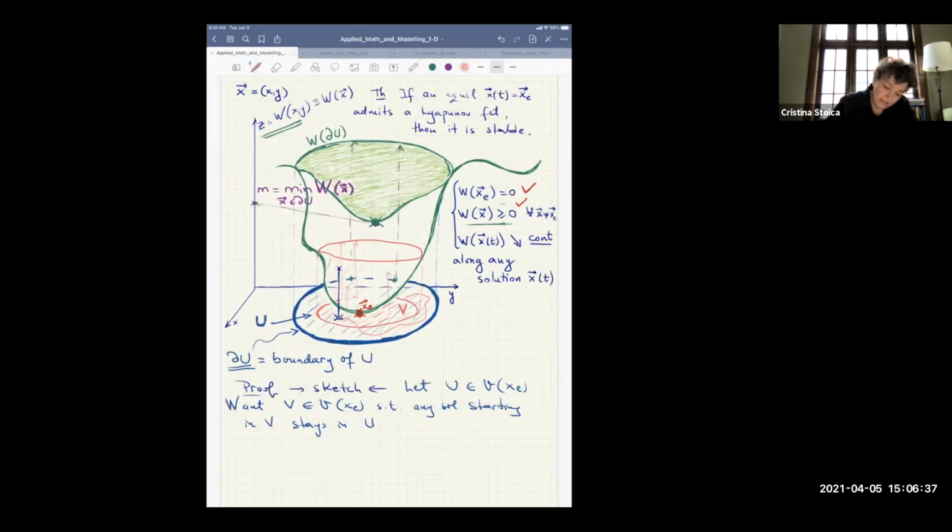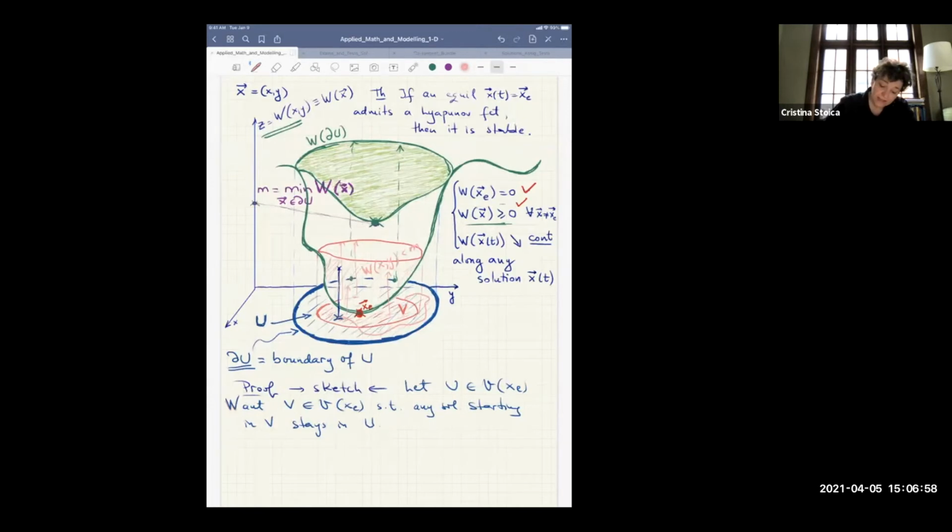So all this stuff here, the values of W here, from the reddish patch on the bottom, these ones will be less than M. And I know that such a thing exists.